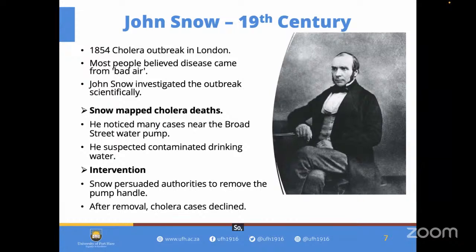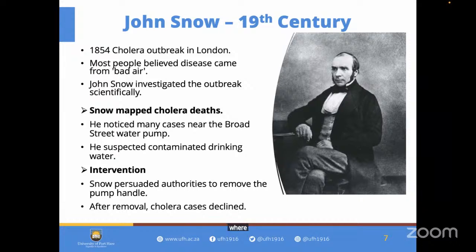So he then persuaded the government to change the handle of the pump. And after the handle of the pump was removed or changed, the cholera cases declined. So if we go back to our 4 determinants of EPI, which was the distribution, which talks about the who, where.